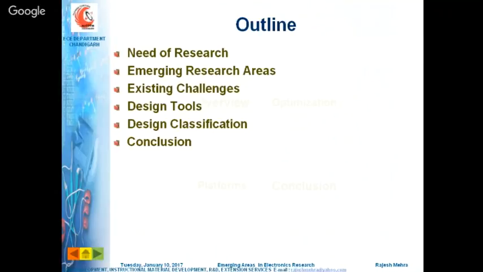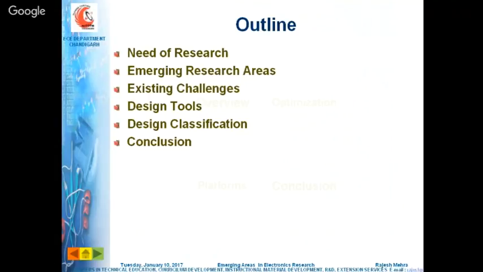Then what are the existing challenges and how we can go ahead to find solutions for those problems. Then we are going to discuss some design tools available in the market for starting your research. Then we are going to perform the classification of different areas, and finally we have to conclude our session.